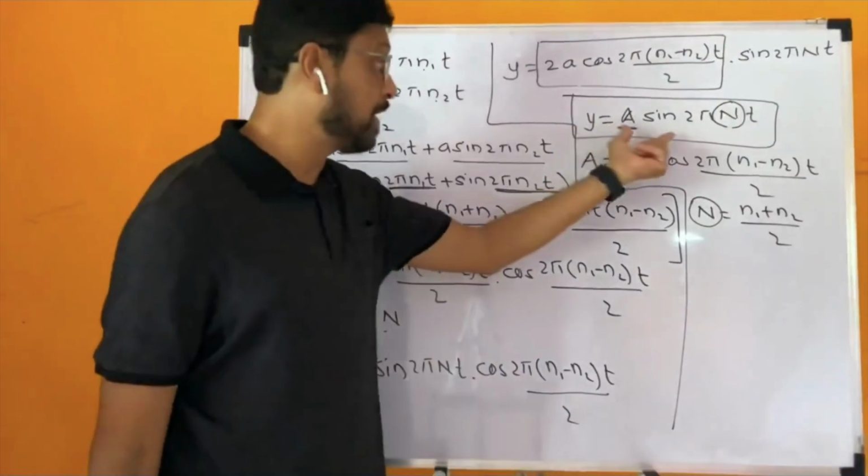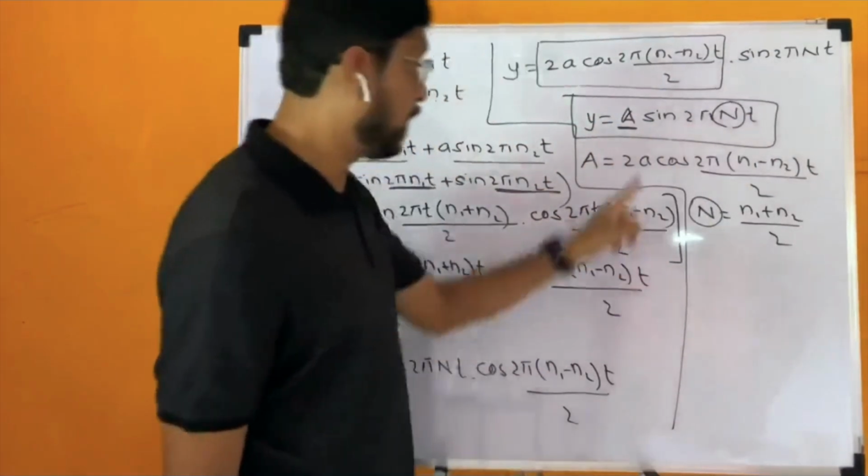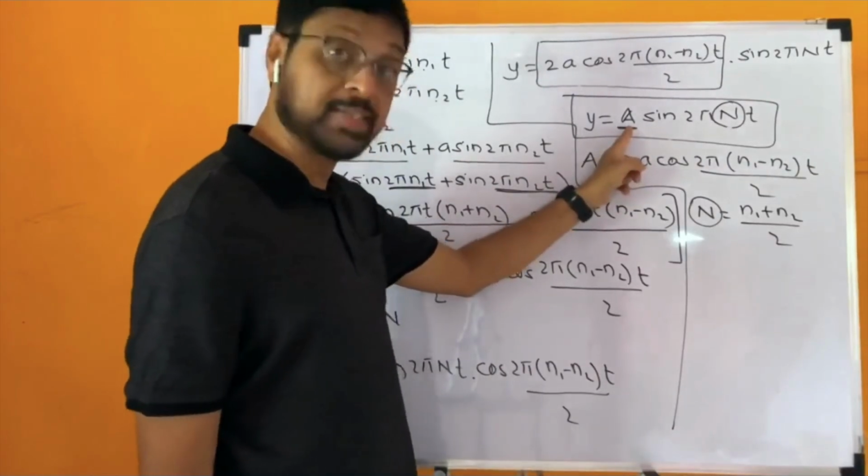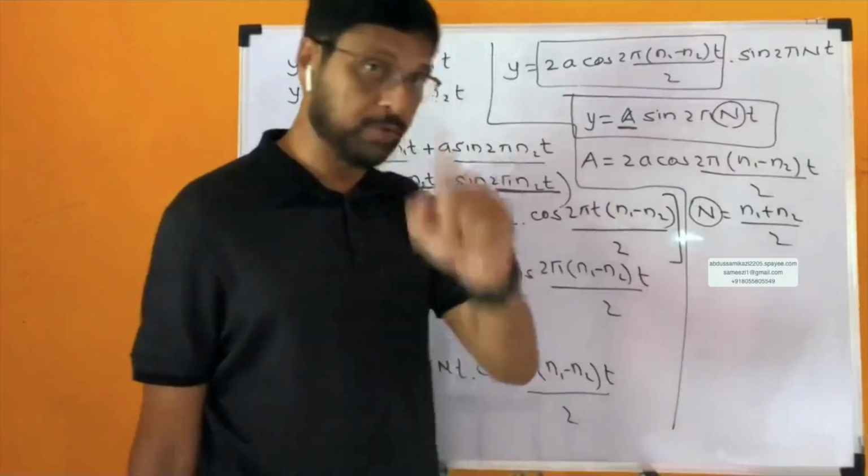So this is the equation for beats. Y is equal to A sin 2 pi Nt, where A is the amplitude of the resultant and capital N is the frequency of the resultant, not the frequency of beats.